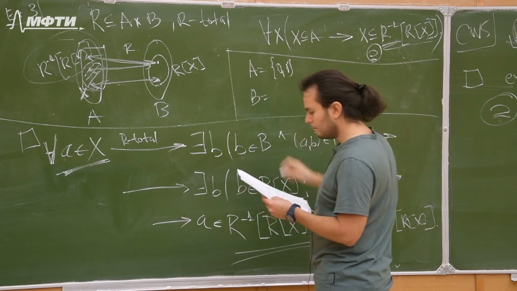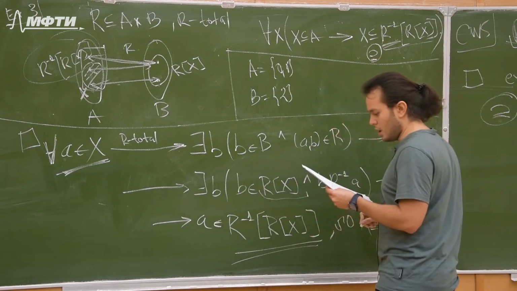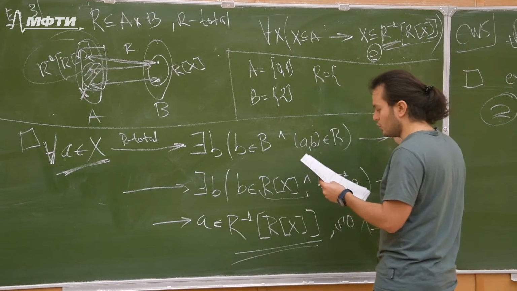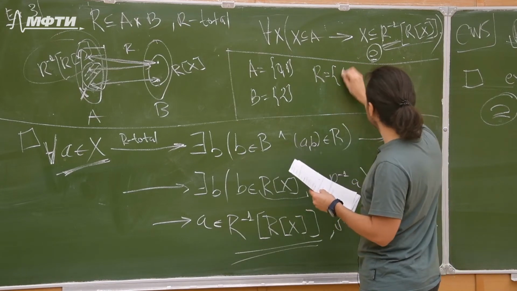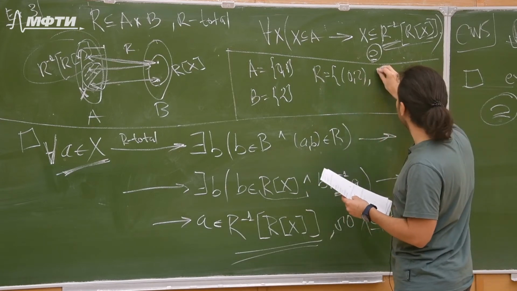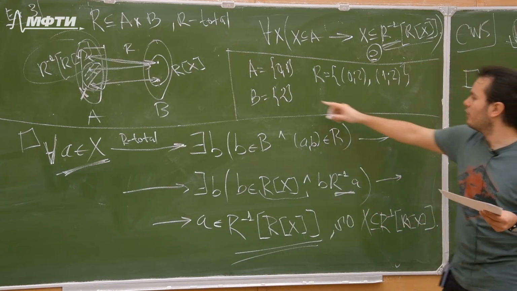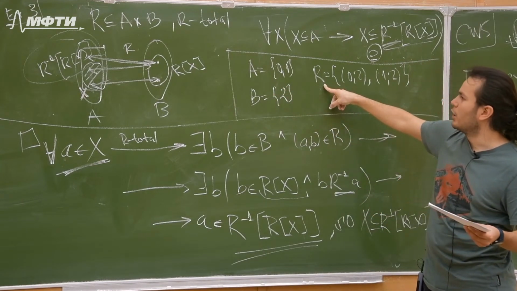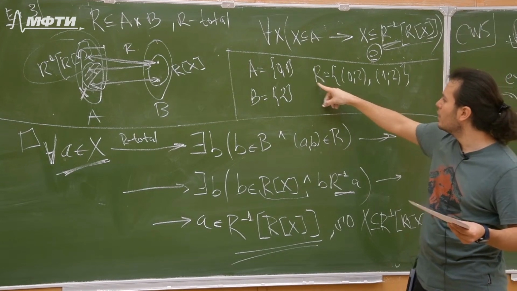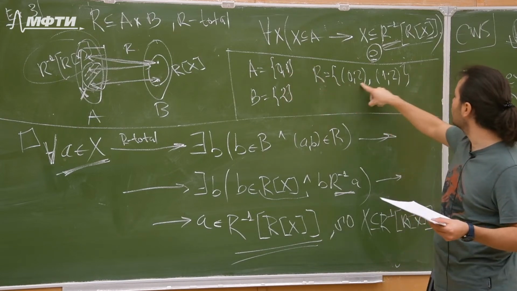Take B, the singleton of 2, and take R, the relation, to be the following: 0 and 2, and 1 and 2. So R is a relation between A and B, a subset of the Cartesian product of A and B. We have just 0 and 2, 1 and 2.